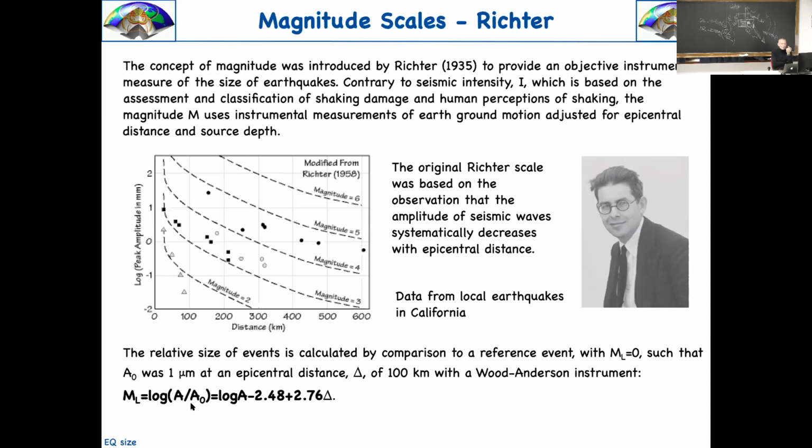Now you could say, why 1 micrometer at 100 kilometers? Well, because that was the amplitude that the Wood-Anderson was able to collect before entering into the noise. So that was the smallest amplitude that could be recorded with scientific accuracy. All the other ones can be compared to that one. And of course, with this definition, in principle, you can have negative magnitudes, because all the amplitudes that are smaller than A0 will result in a negative value.